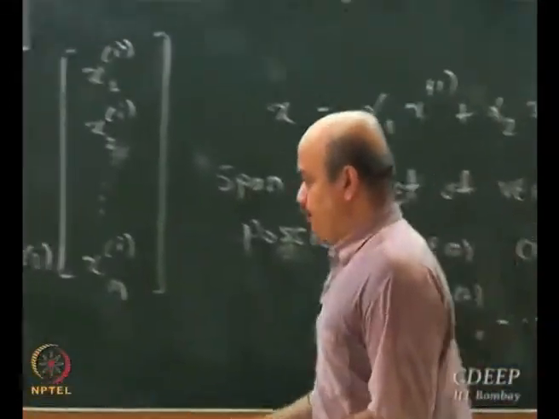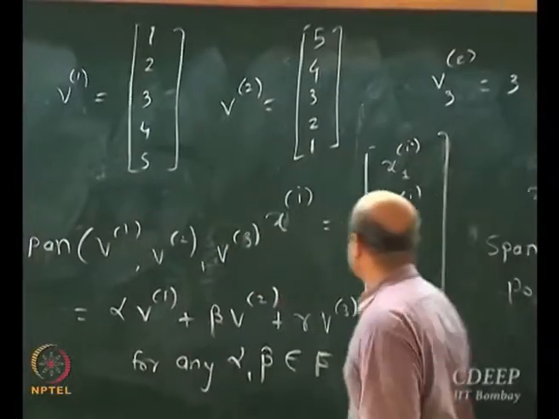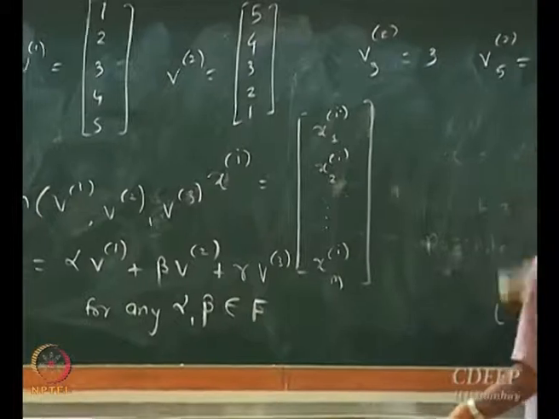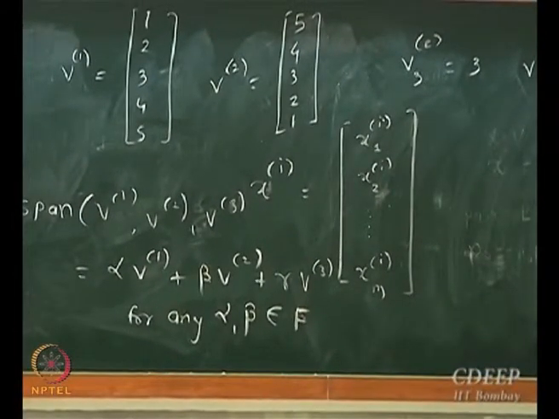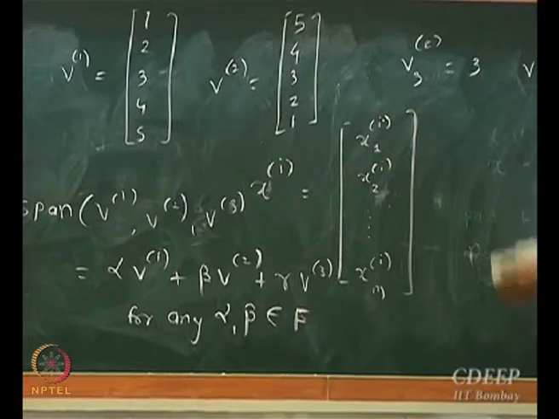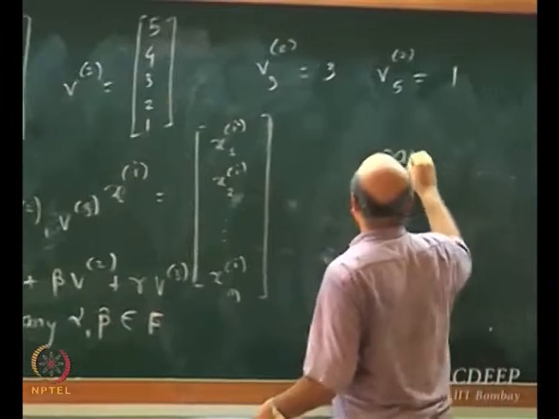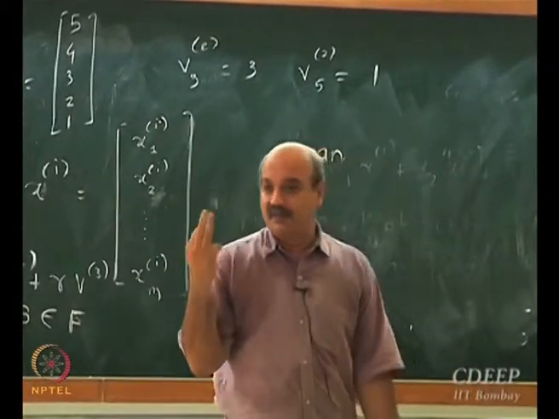Okay. Now, let's consider these 2 vectors. What will be the span of these 2 vectors? It will be a straight line. Correct. What dimensional plane in R5? A 2-dimensional plane in R5.